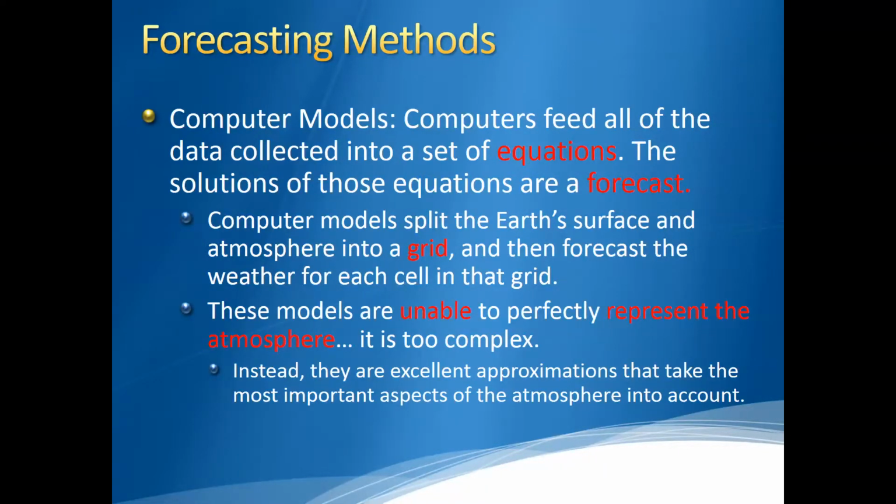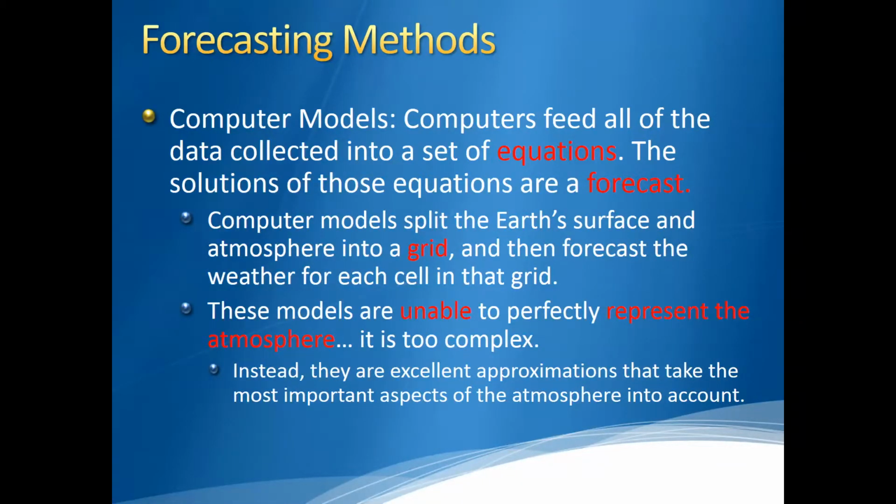A model of the atmosphere is a simplification of the real-world atmosphere. And so these models are very useful because they take away many of the very inconvenient and difficult to deal with complexities that make weather forecasting hard to do.